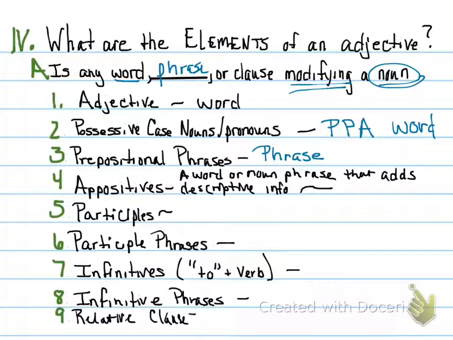Appositives, we haven't talked much about this. I just briefly want to give you the definition. It's a word or noun phrase that adds descriptive info. And we'll get into that more. But appositives typically follow with a comma, and they're defining the noun even more.